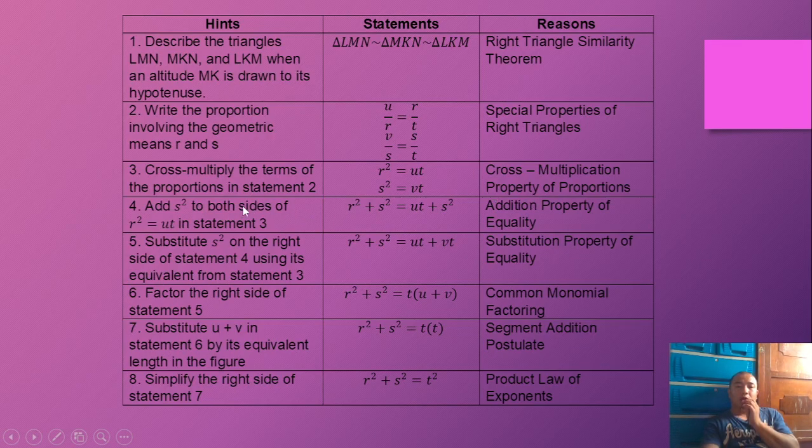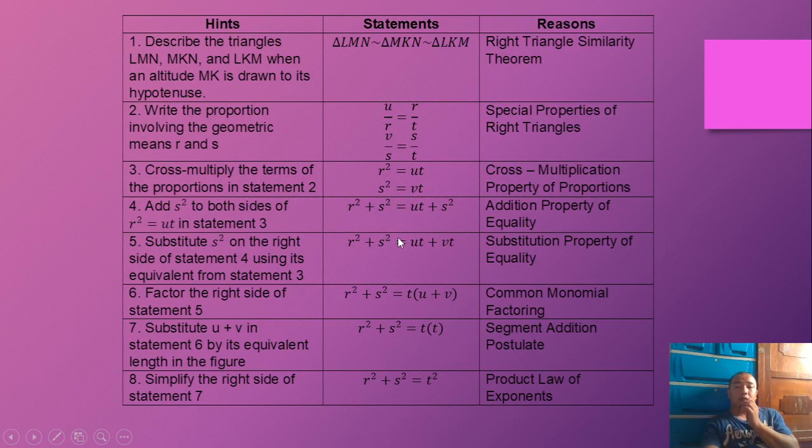Now let us add s squared to both sides of r squared equals ut in statement 3. It becomes r squared plus s squared equals ut plus s squared. Reason: addition property of equality. Now let us substitute s squared on the right side of statement 4 using its equivalent from statement 3.